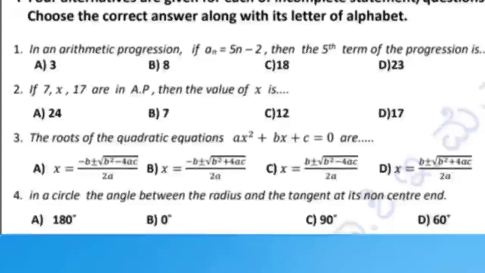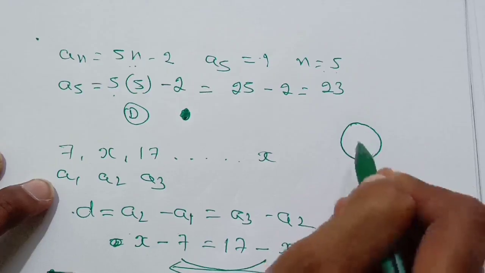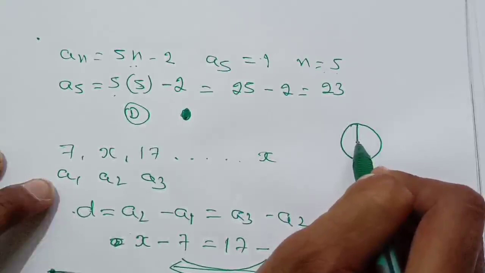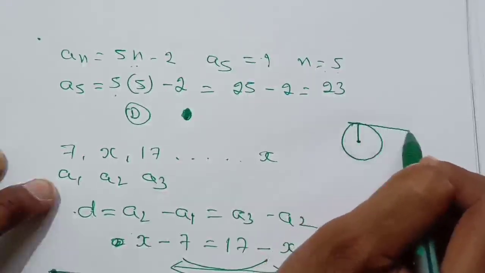Okay. So next question is, in a circle, the angle between the radius and the tangent at its point of contact is. Now let me write the circle first. Here, this is a radius, now this is a tangent.